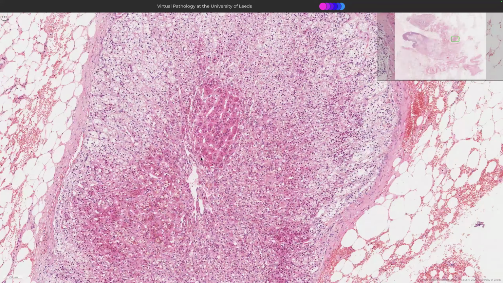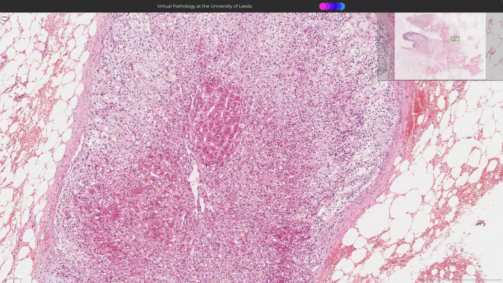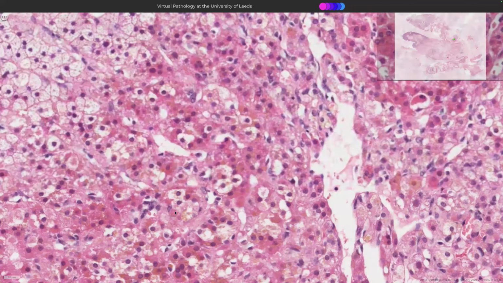Now we aren't going to get any cells here from the sympathetic chain because it is separated from it. But who can tell me what the brown stuff is? Okay, it is lipofuscin.